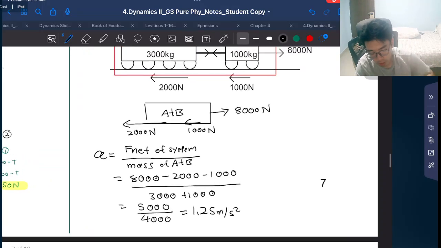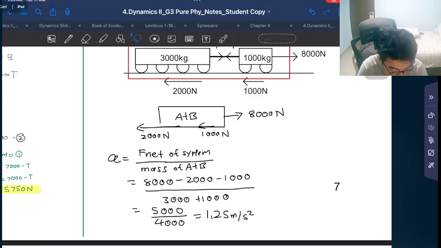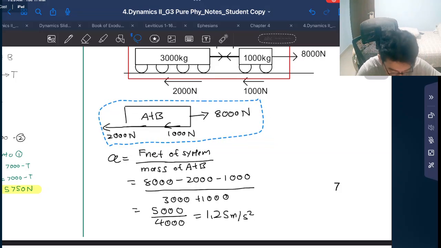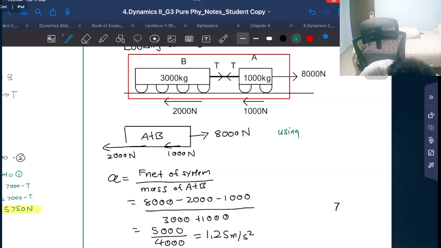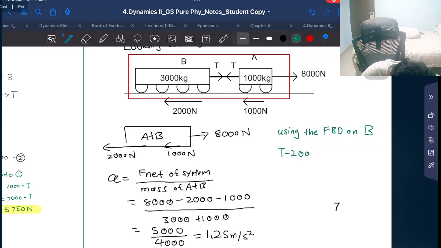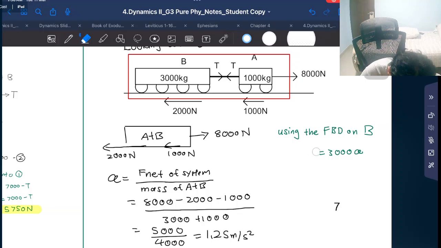And then from there, I can sub it back and I can get the tension. So using the free body diagram of B, the one that we did for the first method, that's where I can say that T minus 2,000 will be equals to 3,000 A. Then I use the formula.